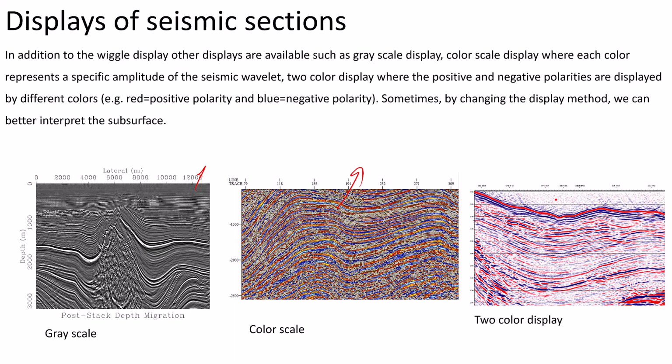We show the positive polarity with red and negative polarity with blue, and the intensity of the blue and red color correlates with the amplitude of seismic data. Whenever the amplitude is high, we use more intense blue and red colors, and whenever the seismic amplitude is weak, we use pale red and blue colors.